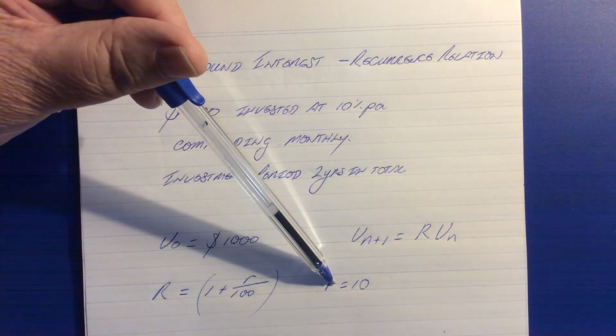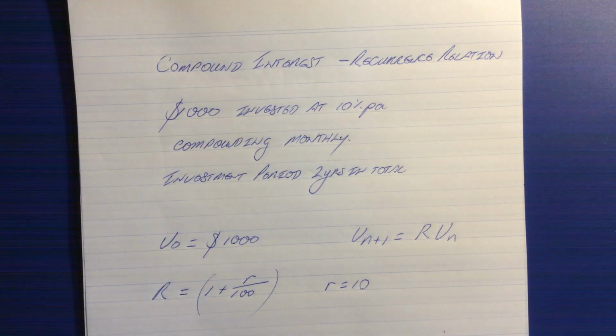And in this case, r is 10. So, before we go any further, I want to get into how we calculate this and what we do about the monthly compounding. So, let's have a look at that.